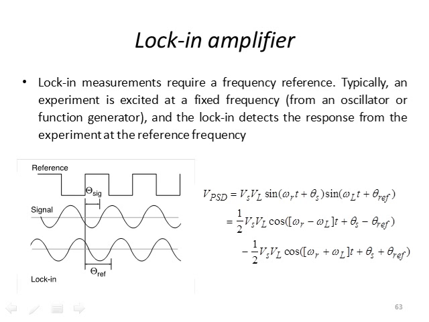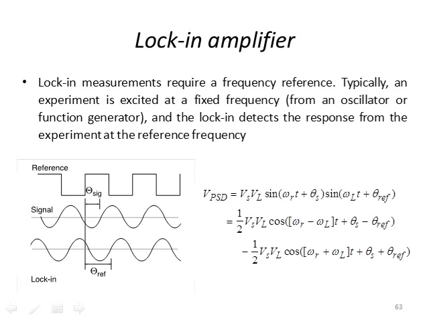So the voltage of the phase-sensitive detection from the lock-in amplifier is our signal, Vs sine(omega_s t + theta_s), times the lock-in reference, sine(omega_L t + theta_ref), where omega_r is the reference.